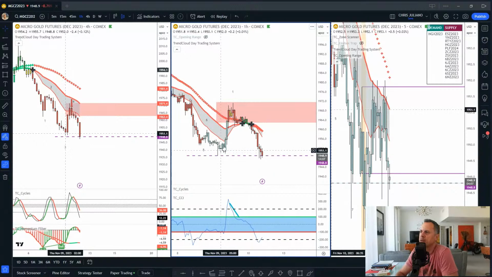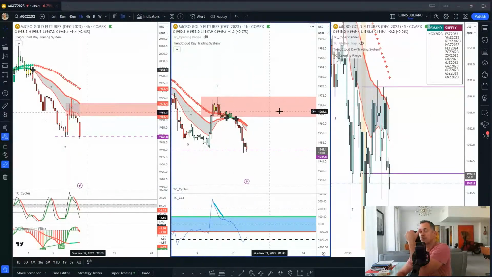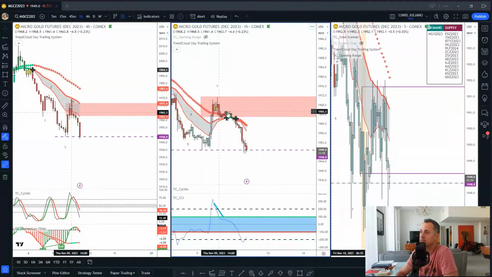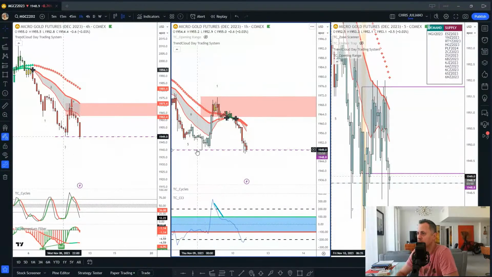And what did it do? It pulled back, recalculated, and decided to continue down, right? So there's a lot of sellers here. This is a strong supply zone because it formed and broke through structure. Recalculated, broke through structure. That makes it strong.